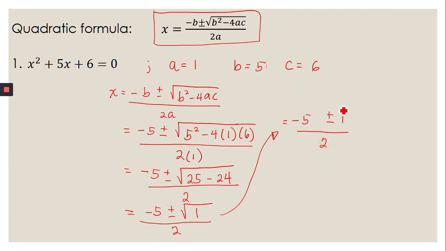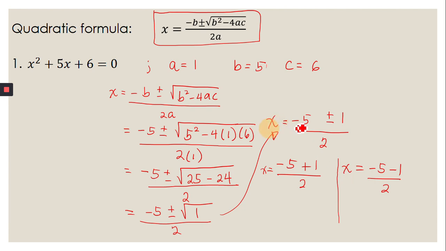Now here you have two values for x, one from the plus and one from the minus, so we have to split that. That is x equals negative 5 plus 1 over 2, and x equals negative 5 minus 1 all over 2. So we just created two equations for x.